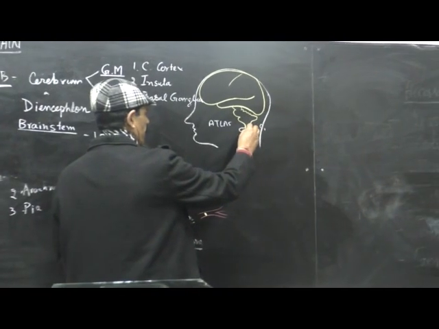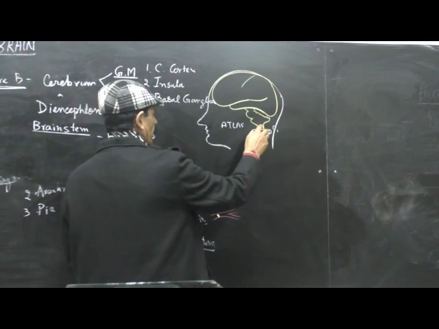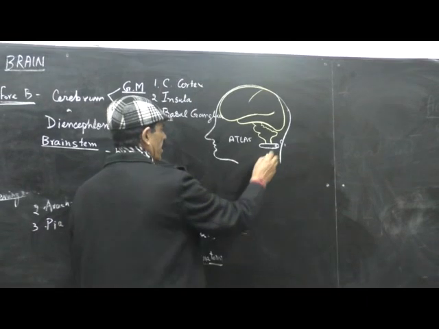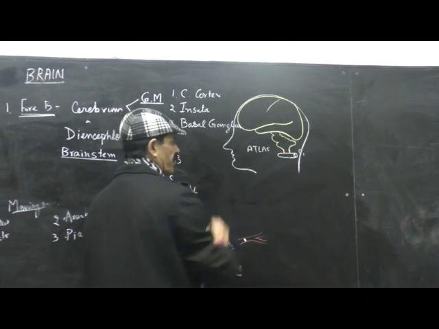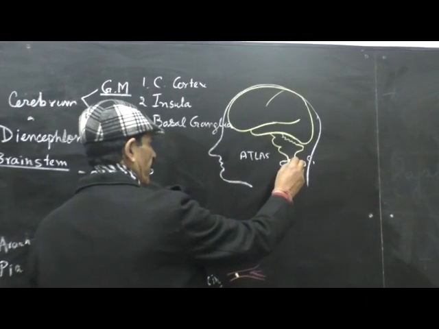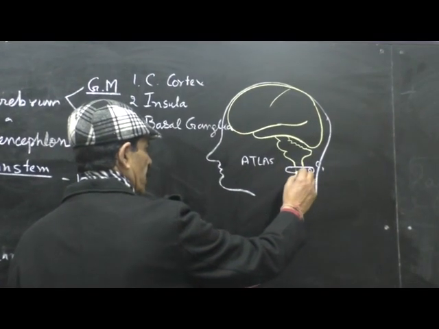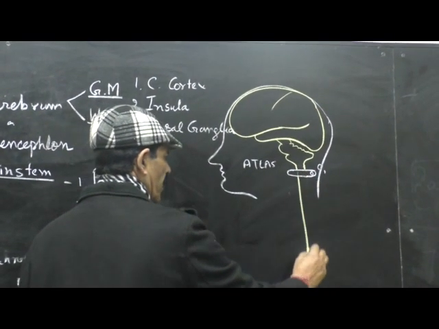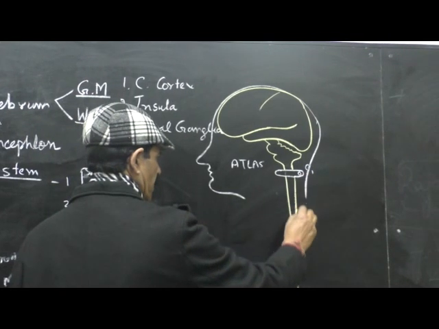Here the brain ends. The lowest part of the brain is the medulla oblongata, at the upper part of C1 or the atlas. And this is the same point from where the 45 centimeter long spinal cord starts.